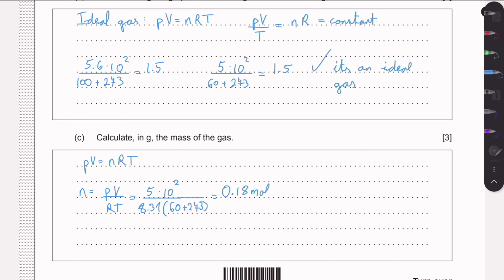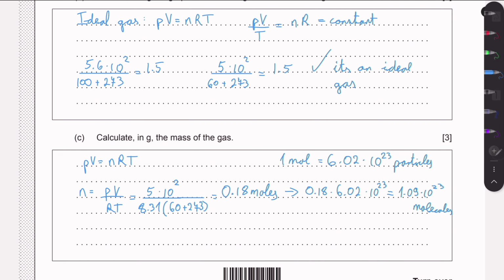0.18 moles. And we know 1 mole has 6.02 times 10 to the 23 particles. So from this, if we do 0.18 times 6.02 times 10 to the 23, we will find that we have 1.09 times 10 to the 23 molecules or particles, same thing.